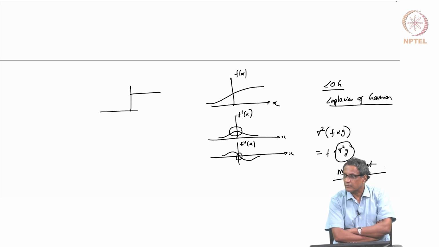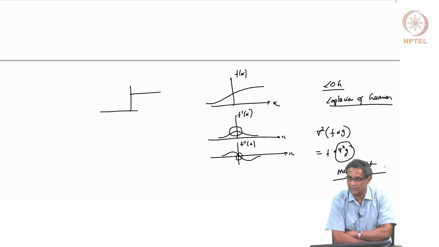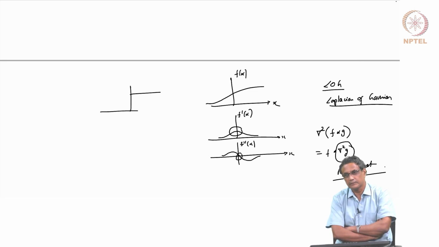Anybody? If I have f of t, with transform F of j omega in 1D, and I do d by dt, what happens? You get j omega F of j omega. So d square by dt square, the second derivative, gives minus omega square.